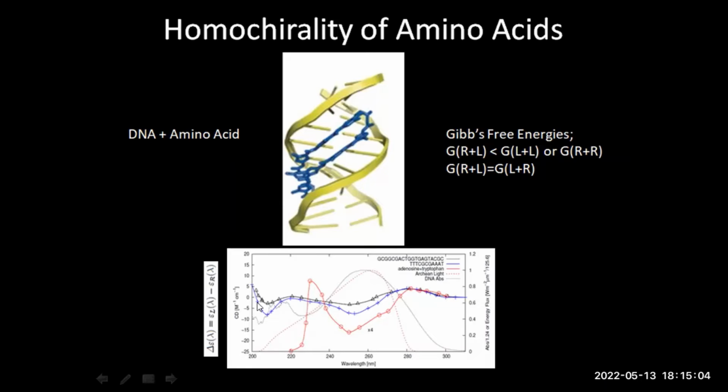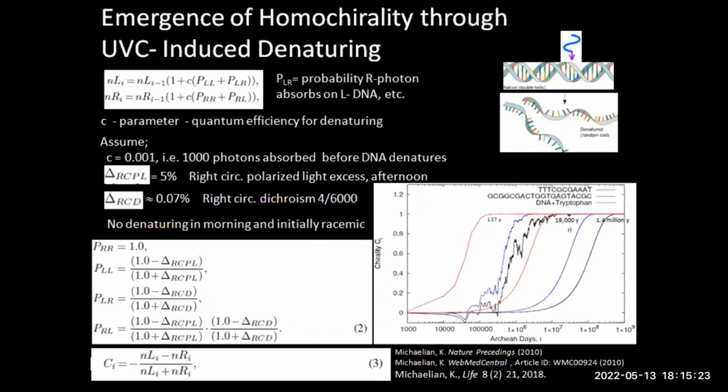This is the dichroism spectrum, or that is how the different right and left-handed DNAs absorb right-handed circularly polarized light. This is the 0.07% that we mentioned in the previous slide.